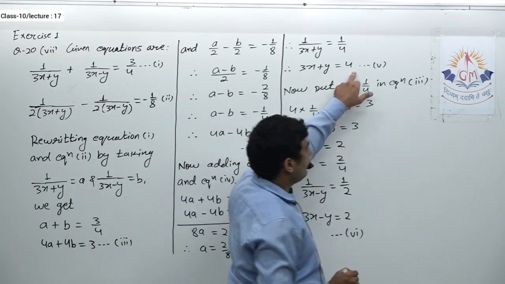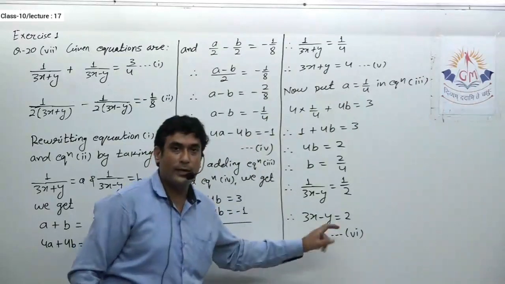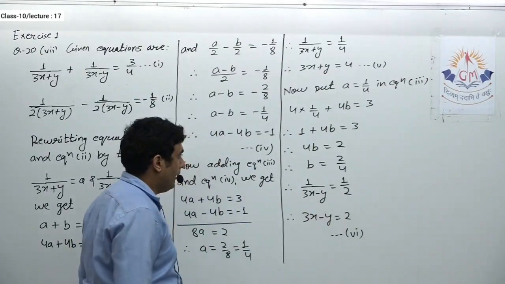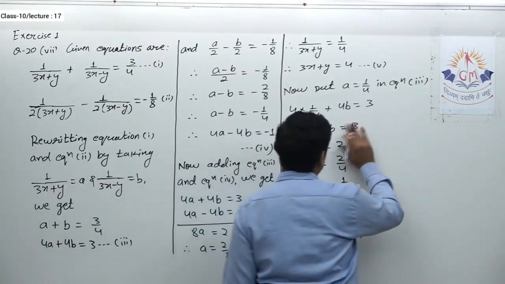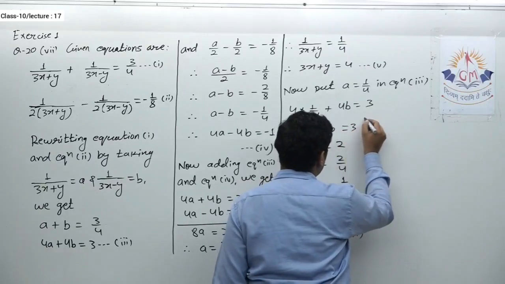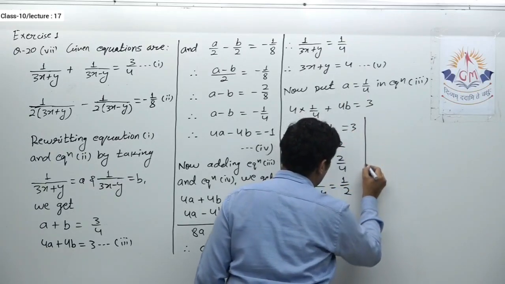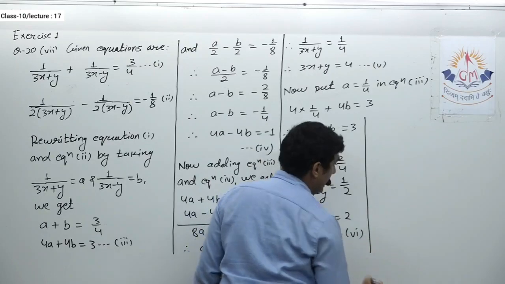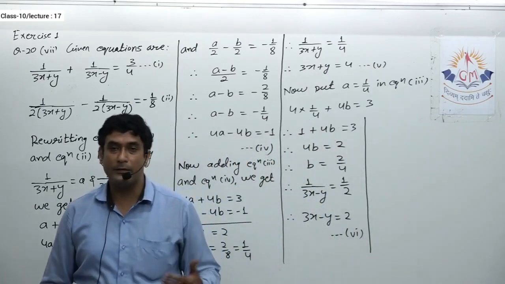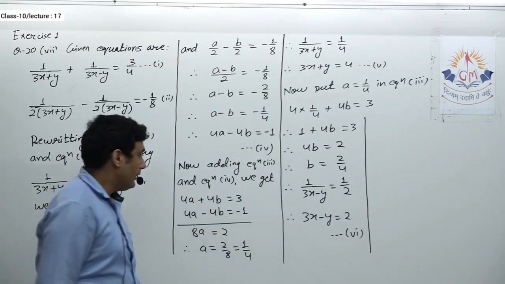Okay, now we have to solve 5th and 6th to get the value of x and y. So let us see how to solve this further. For this again I have to apply any one of the algebraic methods, that is either cross multiplication or elimination or substitution.